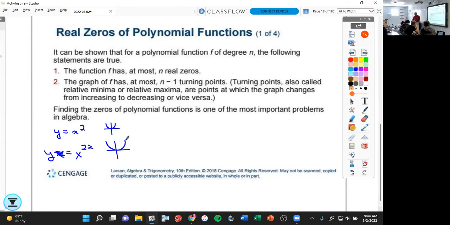Doesn't have to. How about this? I guarantee all odd functions will cross the x-axis. Guaranteed. If it's an odd function, it crosses the x-axis. Agree or disagree? It has to. Right? Can I guarantee that all even functions cross the x-axis? No. Okay.